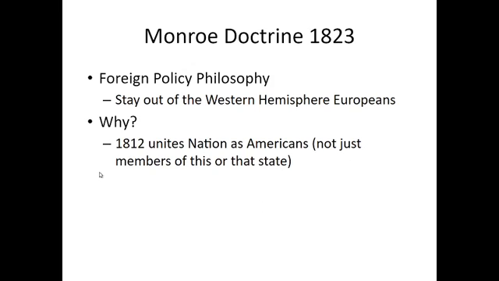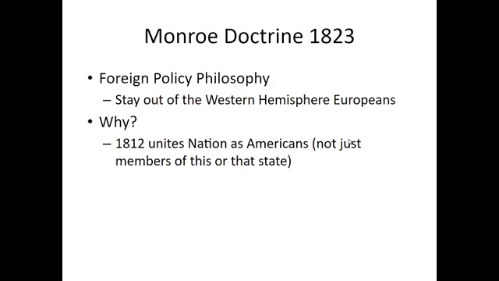So why is this going on? One reason is we just fought the War of 1812, and in the view of many in the government, showed that we could go toe-to-toe with Britain. So because we go toe-to-toe with them, then we can now handle our own affairs and our own continent. So Britain, you can have the other continents, but we're going to handle our own.